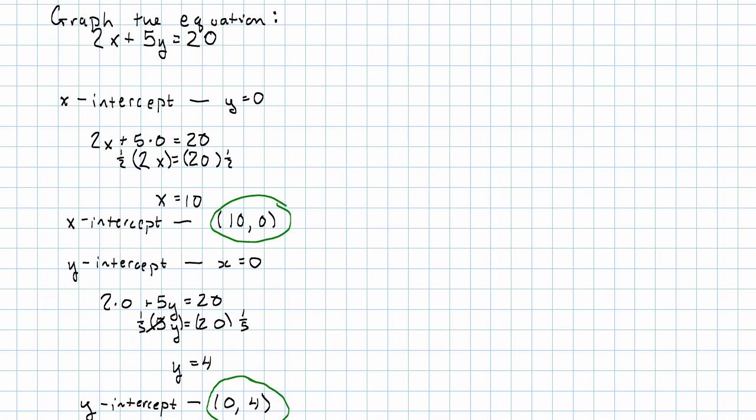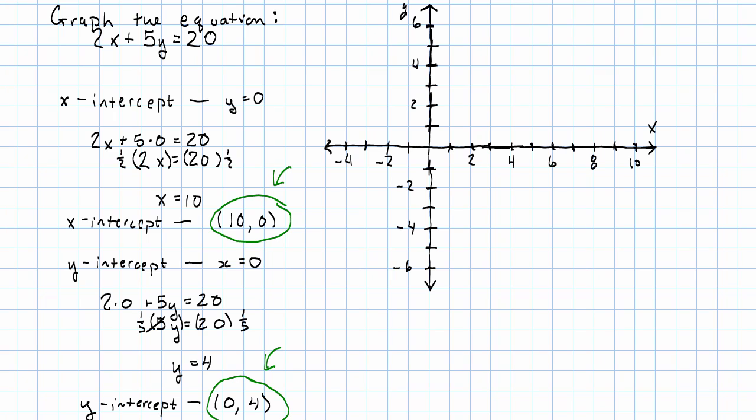Okay, so we'll set up our axes, and we want our x-axis to go up to 10, and we want our y-axis to go up at least to 4. So let's draw something like this. Notice I've drawn my x-axis just going up to 10 because 10's pretty big. I drew my y-axis going up a little bit higher just to have a little bit more space on my graph.